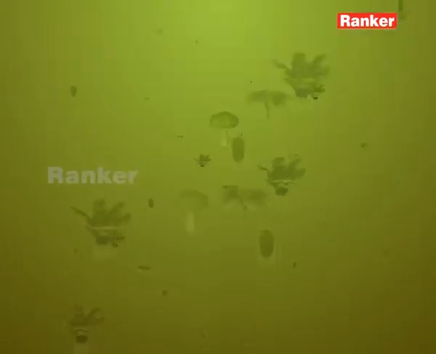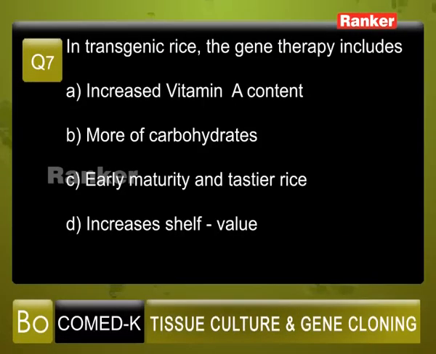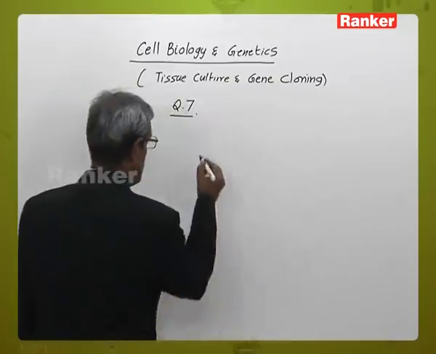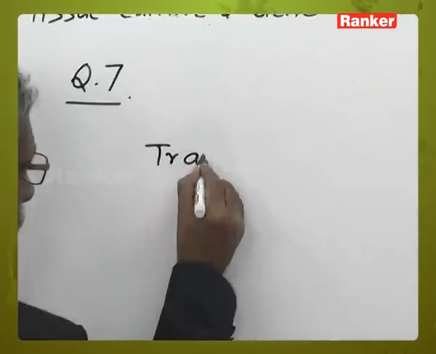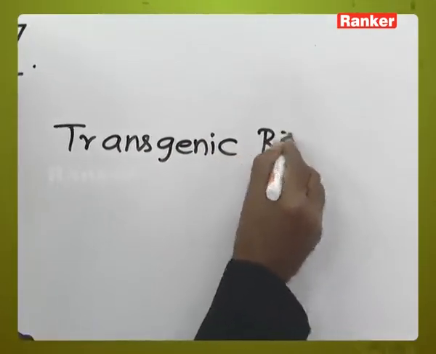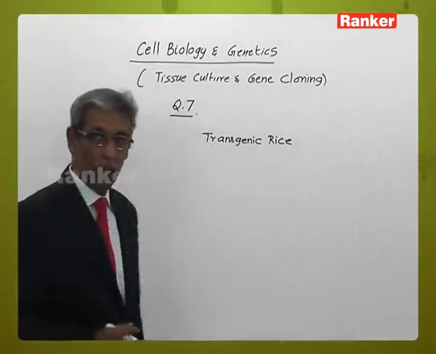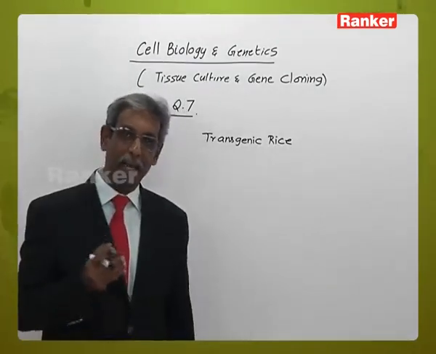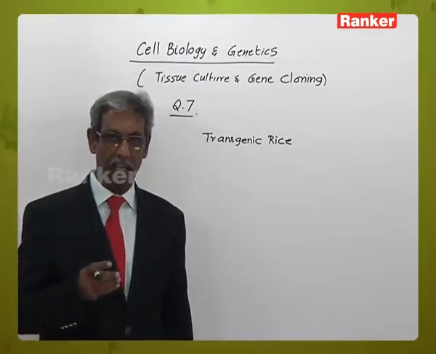Question number 7. In transgenic rice, the gene therapy includes A. increased vitamin A content, B. more of carbohydrates, C. early maturity and tastier rice, D. increased shelf value. When you take transgenic rice, it is the rice which has been developed by transgenic technology or genetic engineering.